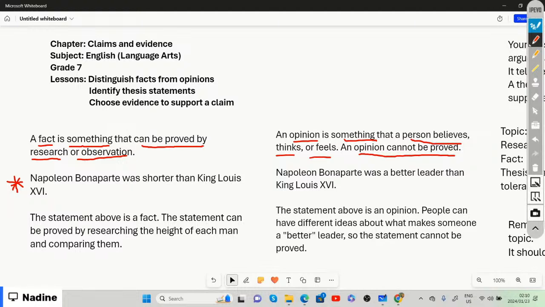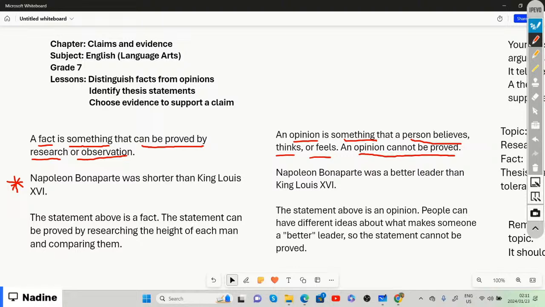It says Napoleon Bonaparte was a better leader than King Louis the 16th. And the statement above, right, is an opinion, because people can have different ideas about what makes someone a better leader. So the statement cannot be proven.